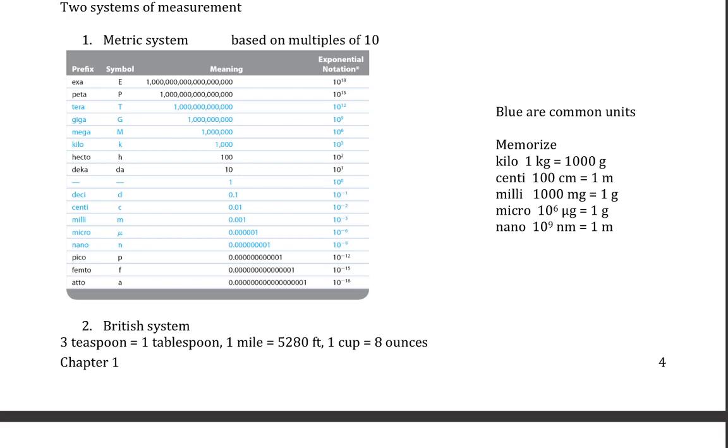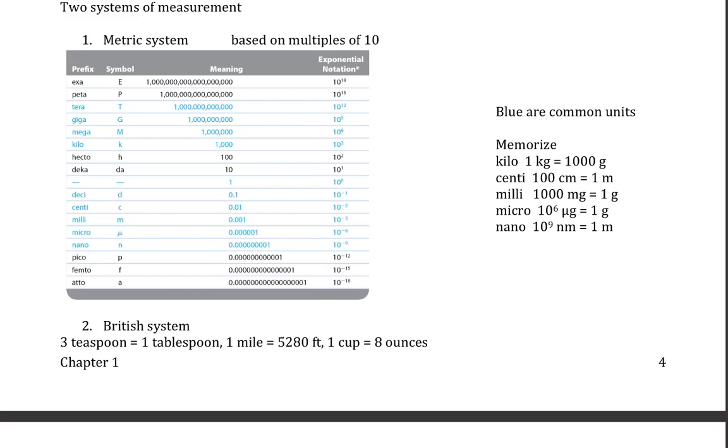Going down from the base, we first have deci, and then centi, and then milli. That is to say, 100 centimeters is 1 meter. 100 centigrams is 1 gram. Milli is the one below that. 1,000 milligrams is 1 gram. 1,000 millimeters is 1 meter.